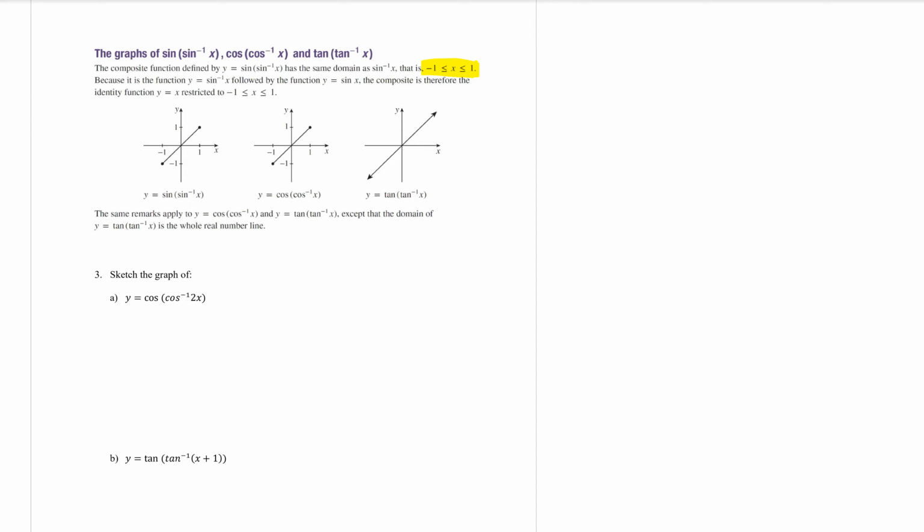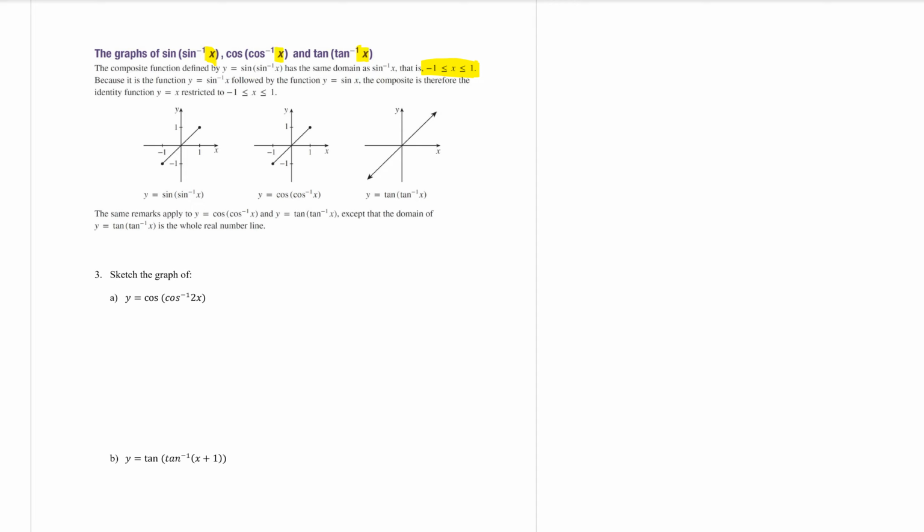Okay, so basically what is happening is the sine and the inverse sine, they're cancelling out in effect, and we're basically ending up with the y equals x line. We're just getting this x that is in here. Okay, but it does have a restricted domain.